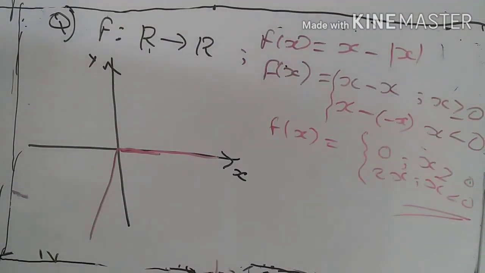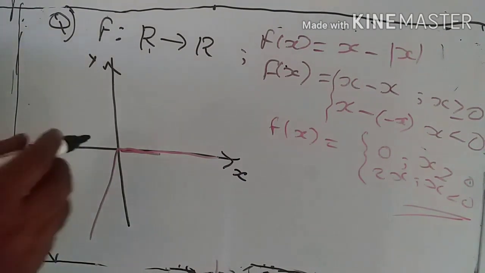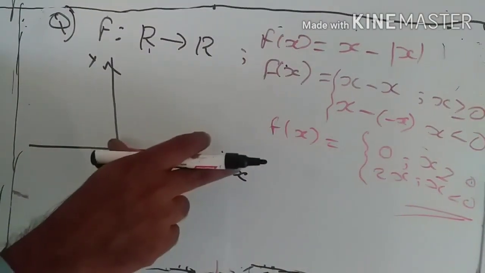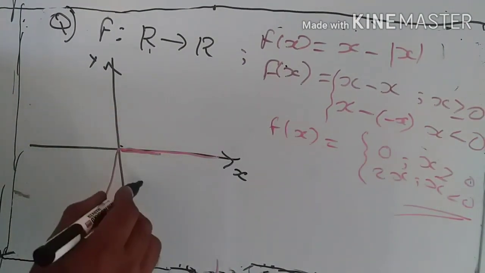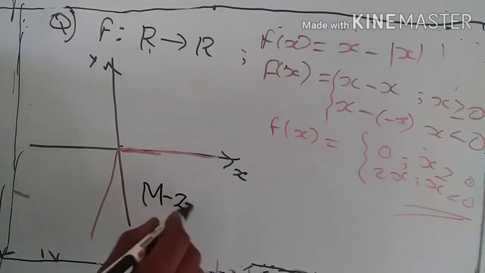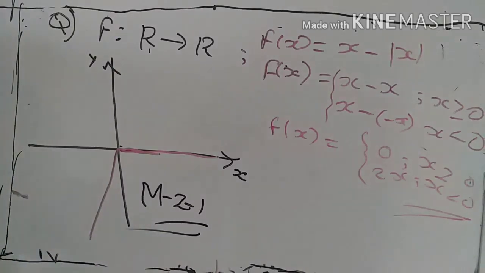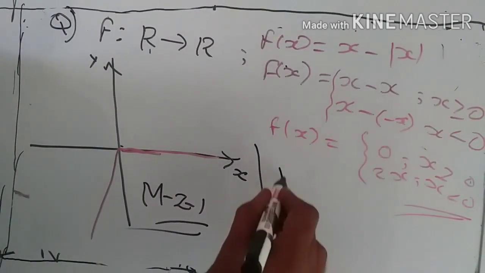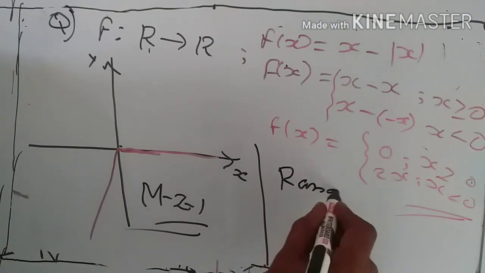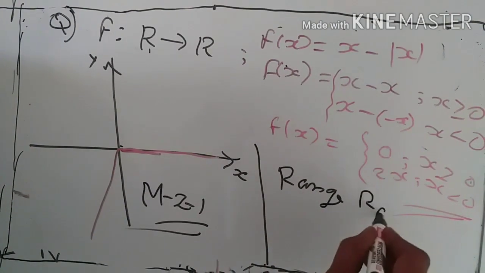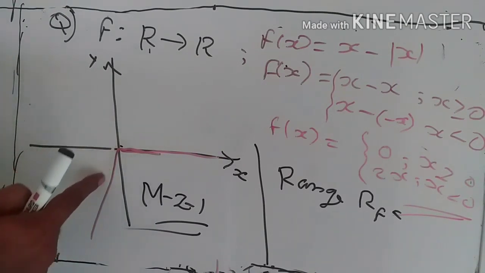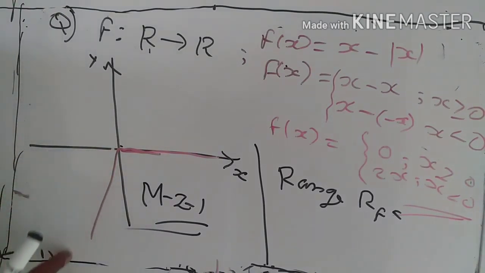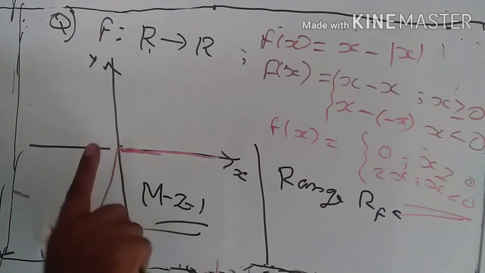Here, in this graph itself, in this region for x greater than 0, the x-axis itself cuts the graph an infinite number of times. So, many to one. And what about the range? The graph is going to minus infinity, the height is 0 to minus infinity.